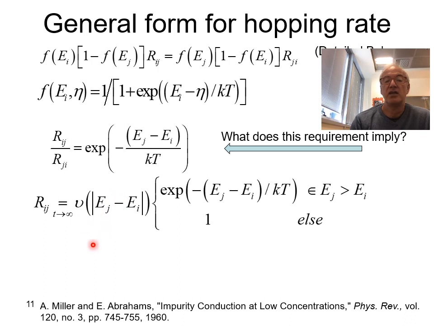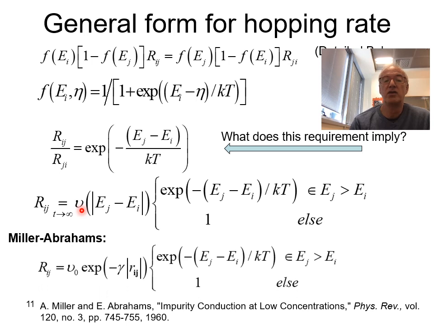In its simplest form, as I said, this could be a constant that is not dependent on the energies, and we can arrive at what is called the Miller-Abrahams rate, where we have the phonon, or the normalization frequency. We have the tunneling rate between two molecules, which is what we call the P. And then we have this Boltzmann requirement to make sure everything works well.